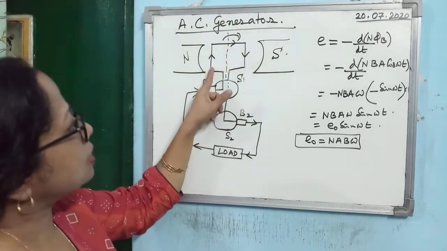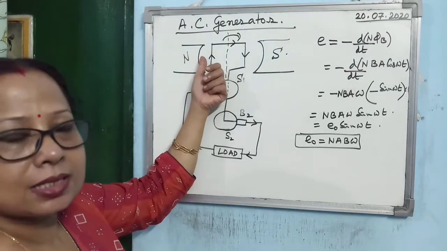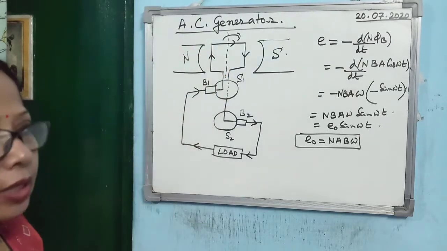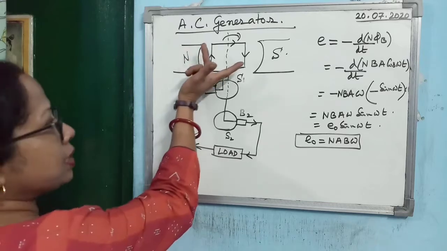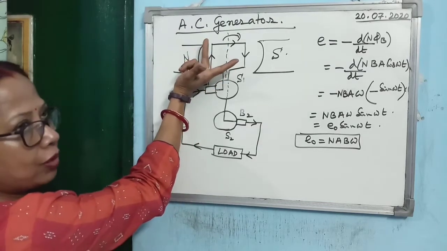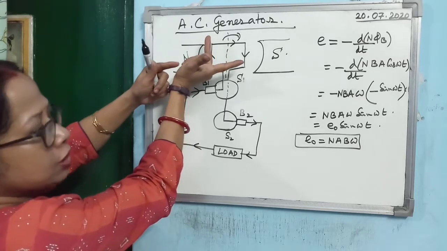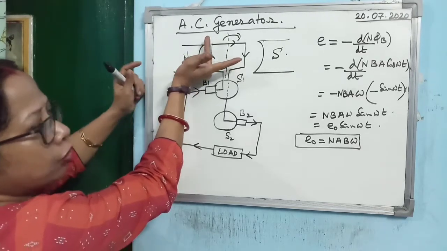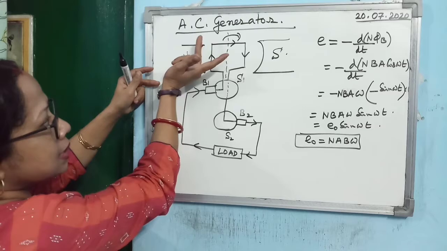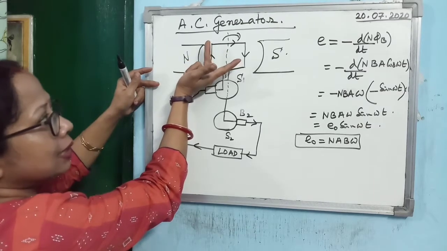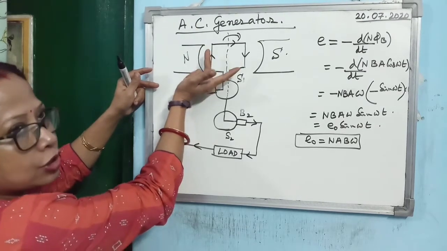Suppose the coil is rotating like this. You see this side, it is experiencing a force in the upward direction. According to Fleming's right hand rule, my thumb is along the direction of the force, the first finger is along the direction of the magnetic field, and the middle finger shows the direction of the current.